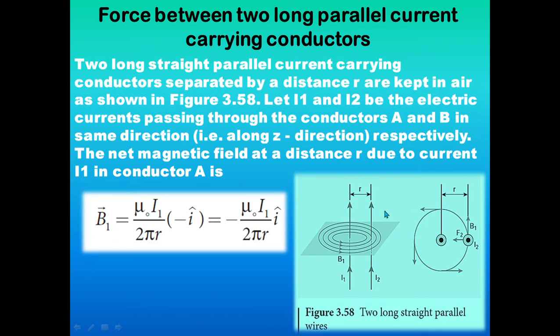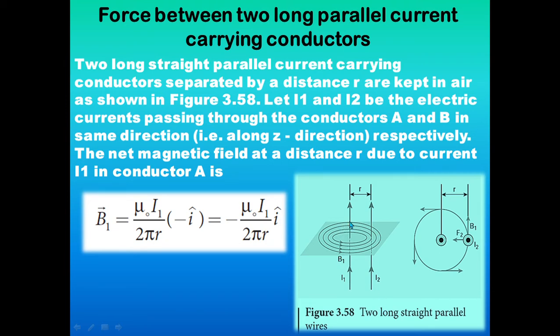These are two long straight parallel current carrying conductors separated by a distance r, kept in air medium. Let I1 and I2 be the electric currents passing through conductors A and B in the same direction.